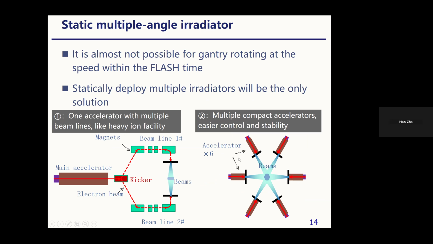The second, if the Linac can be very compact, we can simply place many Linacs statically around the patient. The second approach offers simple control. It controls very easily and has better stability. But it requires the accelerator to be very compact and cost effective. That's exactly what we are developing. So I will introduce it later.